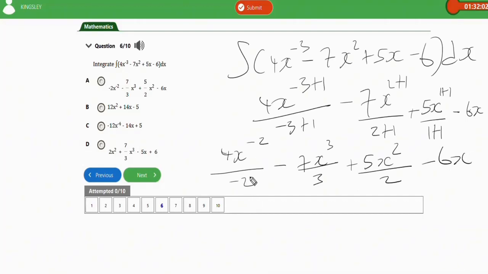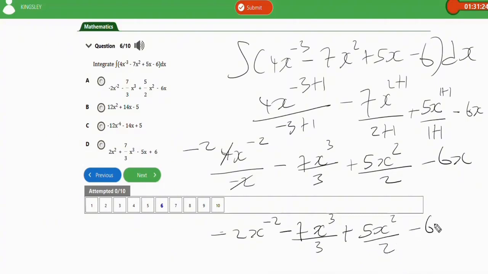So this will cancel itself, and we're going to have minus 2 at the denominator. So our final expression for this solution will give us minus 2x^-2, minus 7x^3 over 3 plus 5x^2 over 2 minus 6x.